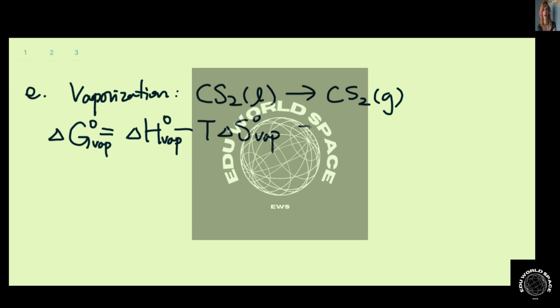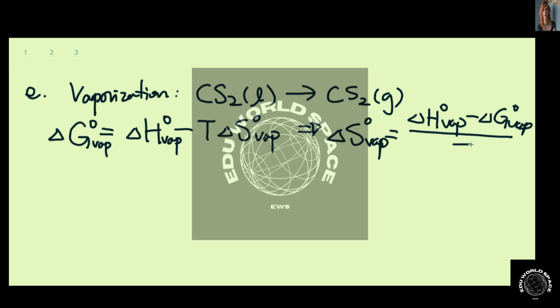So if we have this formula, we will get delta S0 of the vaporization process equal to delta H0 of vaporization minus delta G0 of vaporization, divided by T. So now we calculate each part.